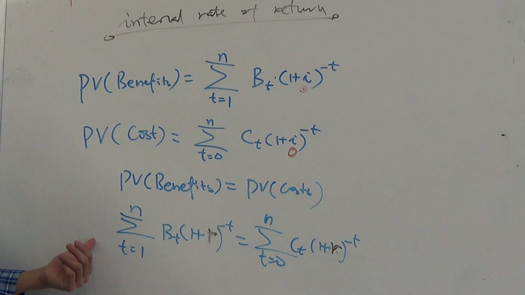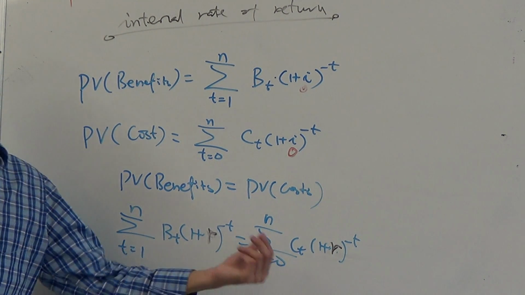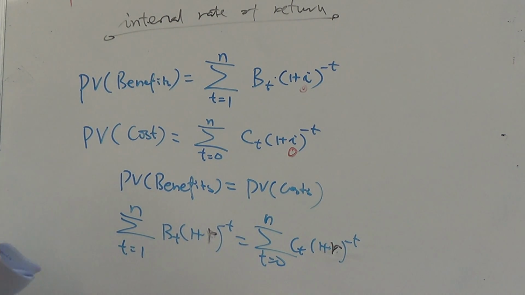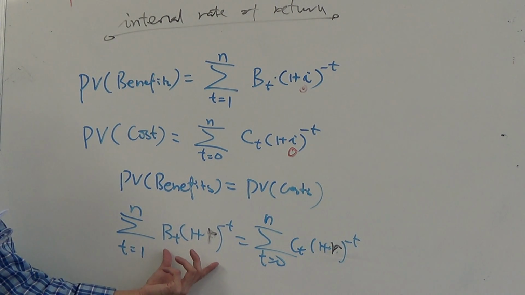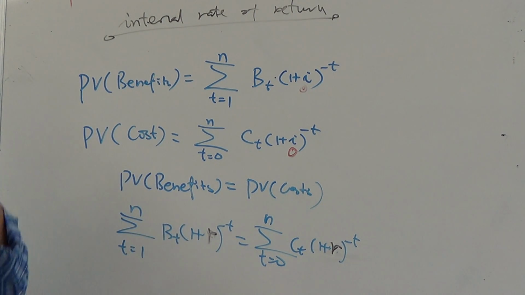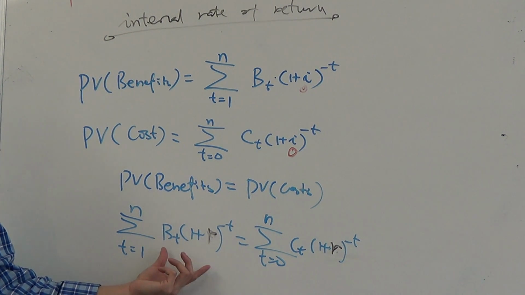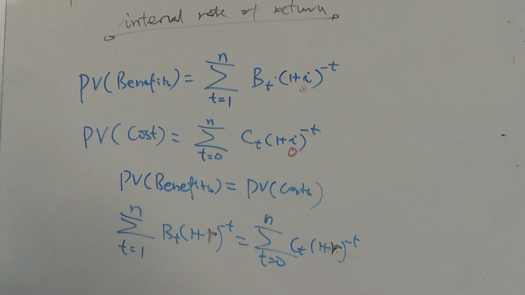Look at this equation. Clearly, it's not an easy job to solve for R, because here it is in terms of high order polynomials. So I don't think anybody is able to solve this by hand manually. But fortunately, we have Excel to do this job for you.